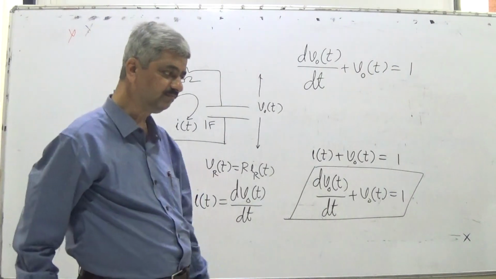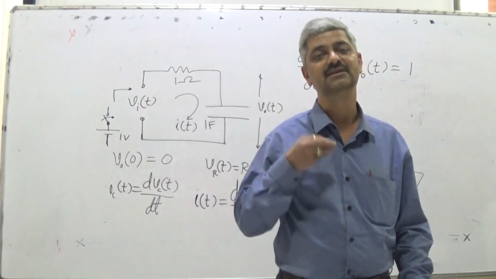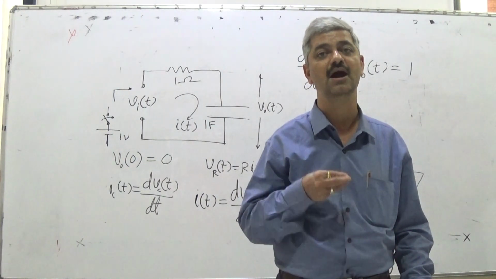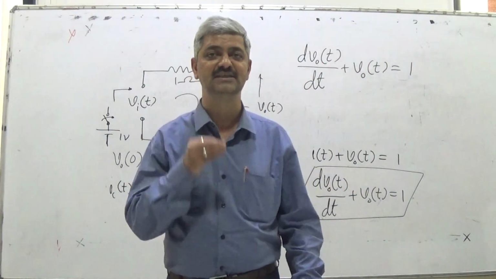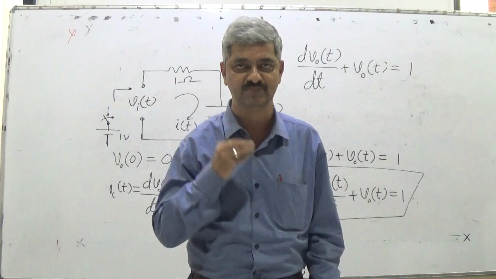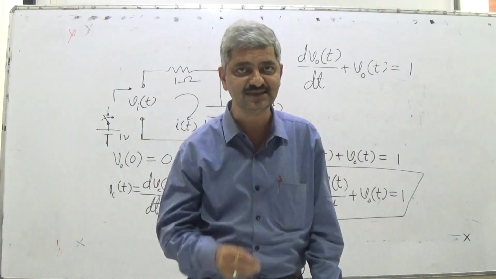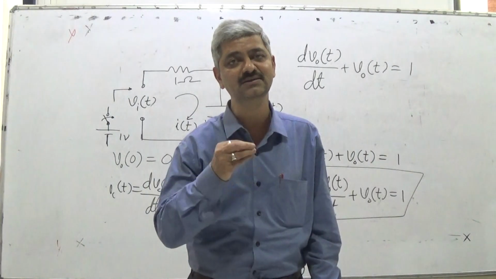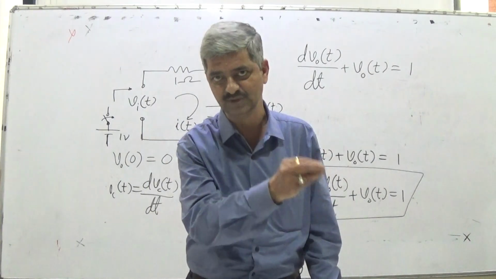In Marathi: the question of what output will come after giving an input to a circuit with a capacitor and some resistances is incomplete. Because the capacitor is a first order device, it has memory capability, it can store something across it in the form of charge or voltage. Unless we give information about what the capacitor voltage was at one particular time, the question is incomplete.